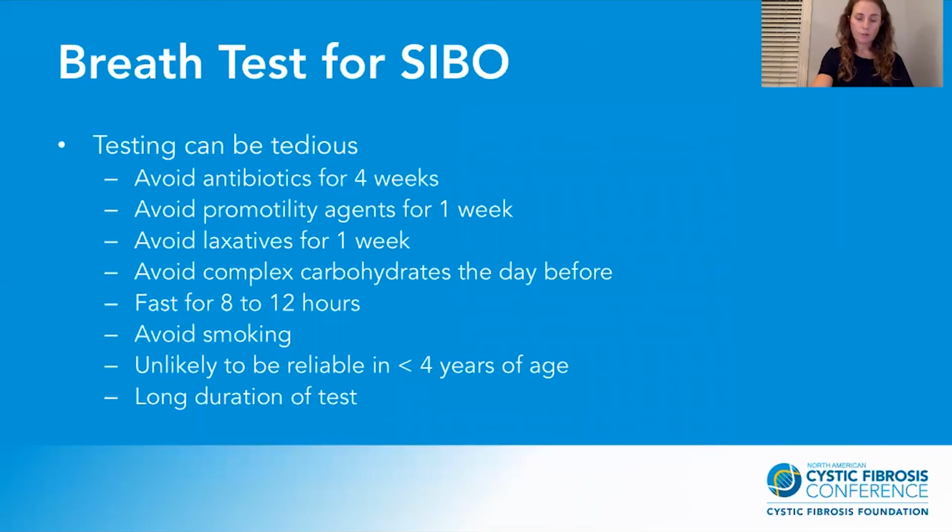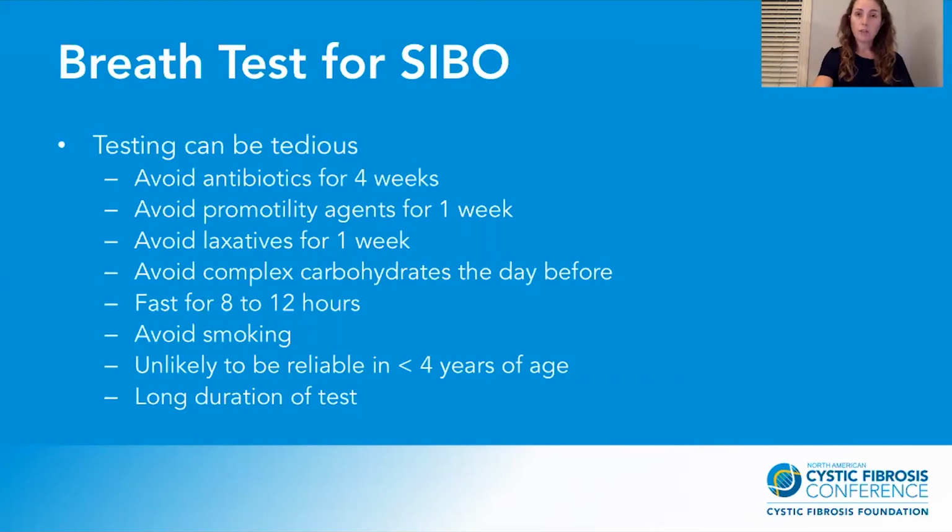Successful completion of breath tests for SIBO can be tedious. There are a number of factors that may influence the results of the breath test, as you can see here. For example, antibiotics may alter the microbiota composition. How quickly the intestines are moving will also influence how accessible the carbohydrate load is to the bacteria, so it is recommended to avoid promotility agents and laxatives for at least 1 week prior to the testing.